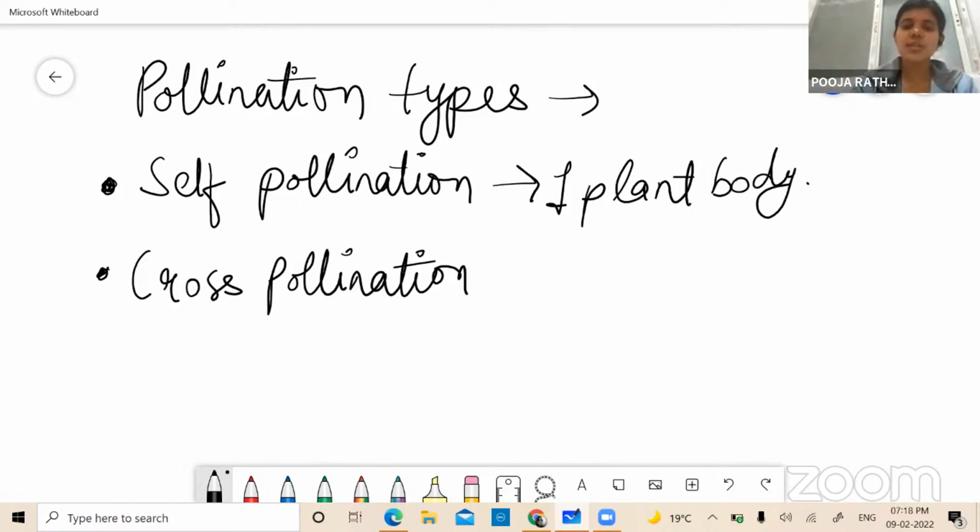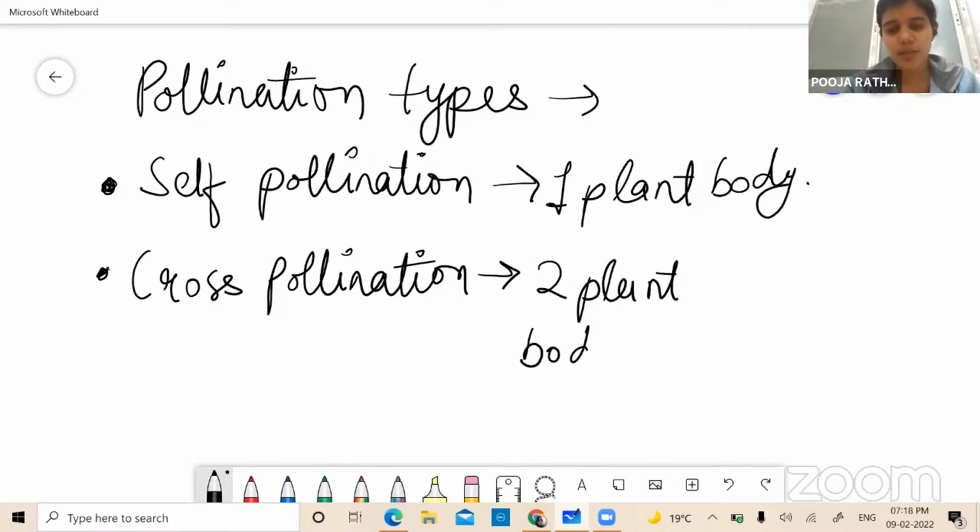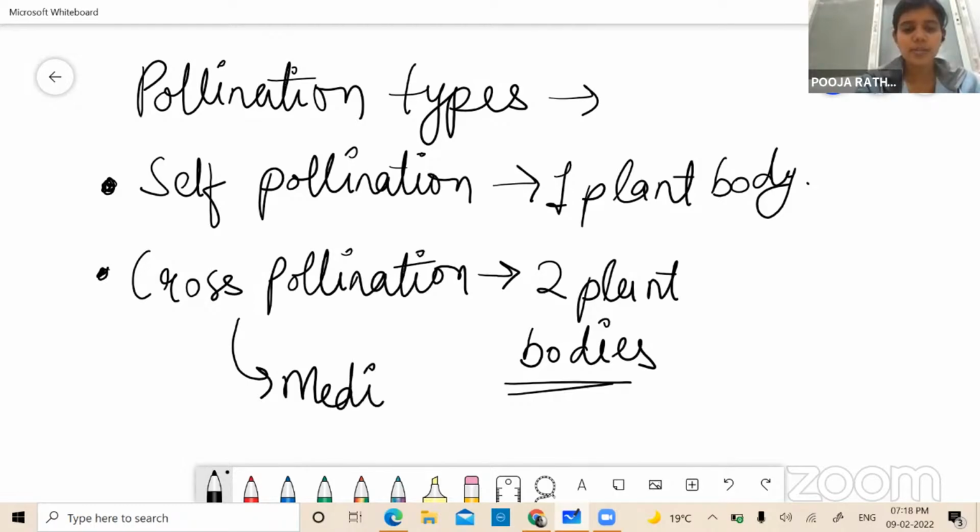Next, cross-pollination is something when the transfer of pollen grains takes place between two different plants, between two plant bodies. That is called cross-pollination. Mostly in cross-pollination, different mediums are required in order to transfer the pollen grains.